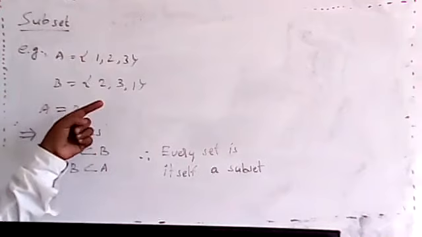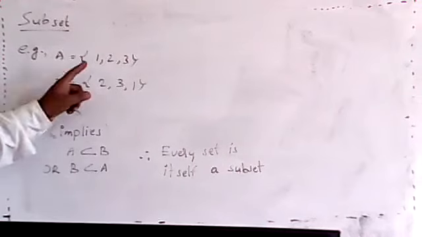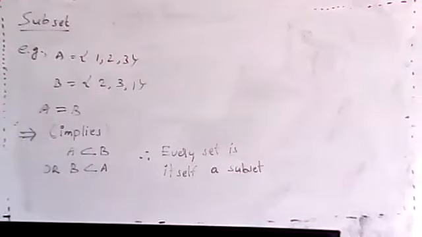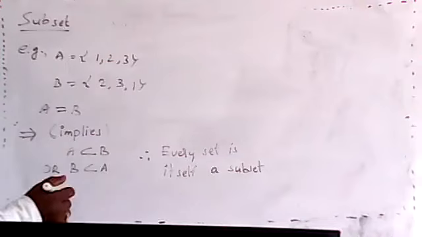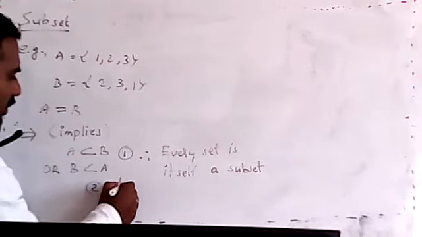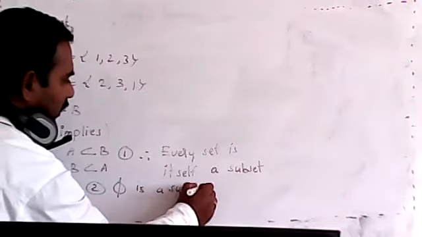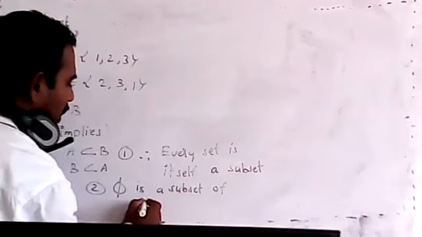Along with this, null is also there. See, along with 1, 2, 3, there is one more, that is null is also there. Therefore, first one I told, second one: null set is a subset of every set.